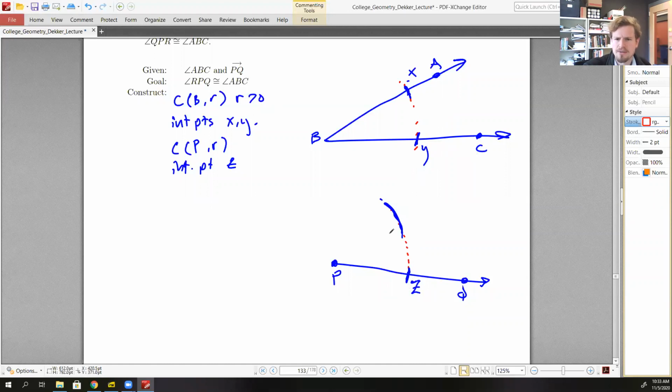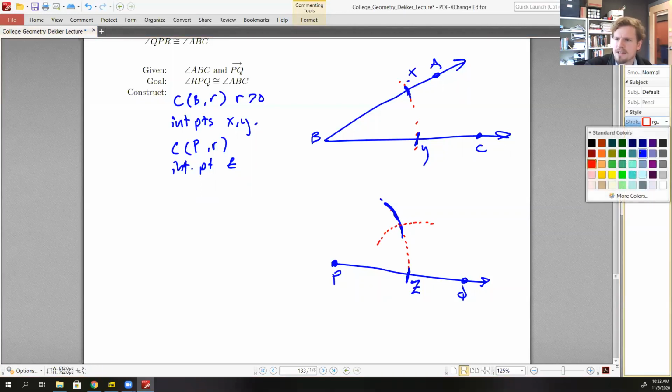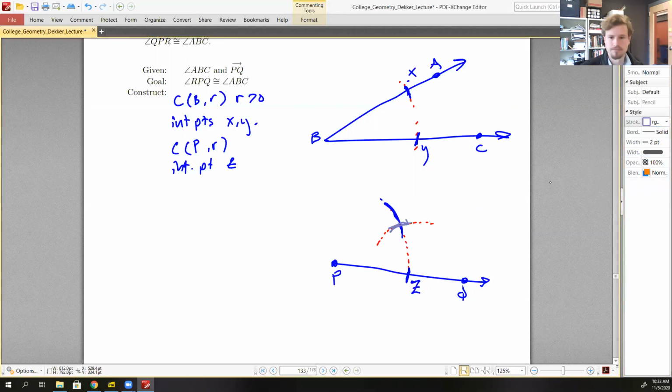This distance here, I create a circle of that radius. And that gives me this intersection point here, which we will call R. So we construct a circle centered at Z with radius the distance from Y to X, and that's going to give us the intersection point R.